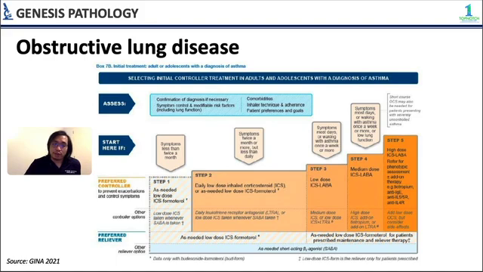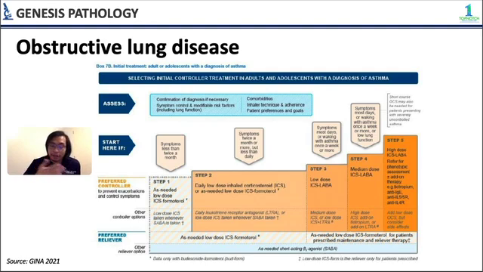So, we have to have a more than 12% increase of your FEV1 and more than 200 ml increase in your volume. Hindi or, and after bronchodilator. Okay? So, yun yung reversibility natin sa asthma.